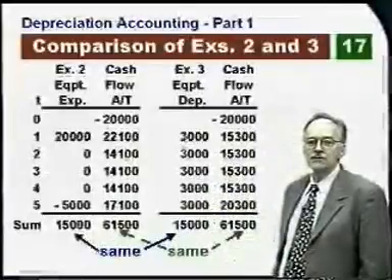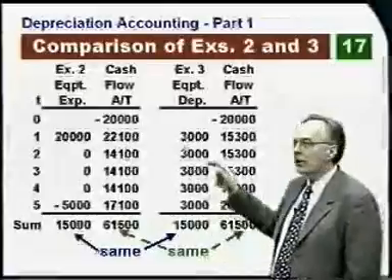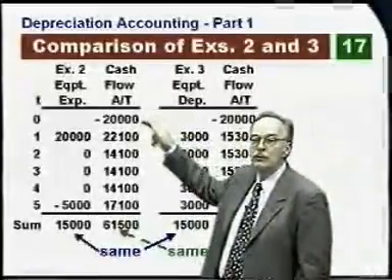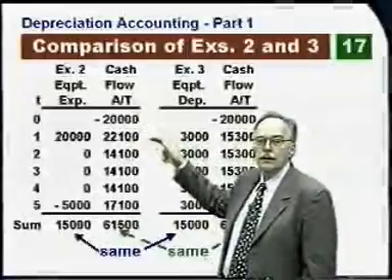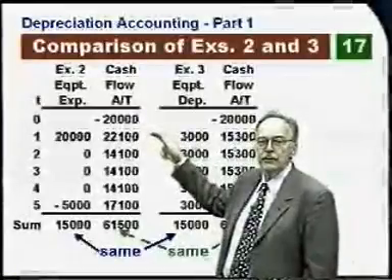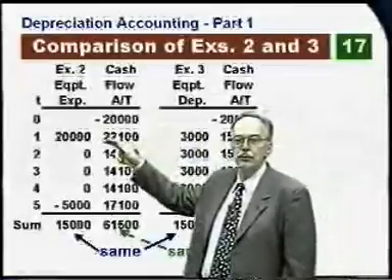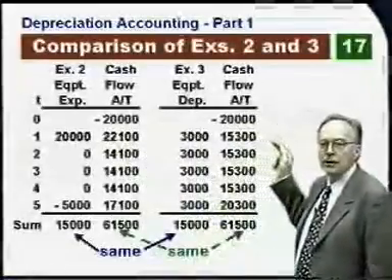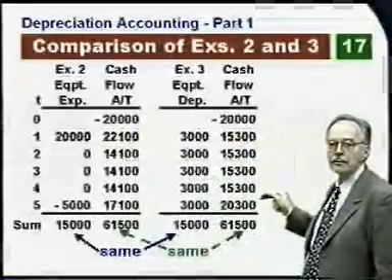And notice what happens to the cash flow after tax. Although the cash flow patterns are different, the same $20,000 investment at time 0. In example 2, we have a much larger cash flow at time 1 because we had a much larger expense. We compensate for that in example 3 by having larger cash flows in the later years.